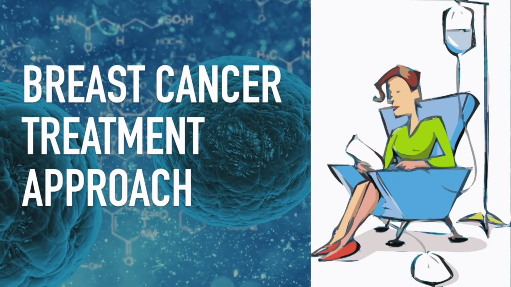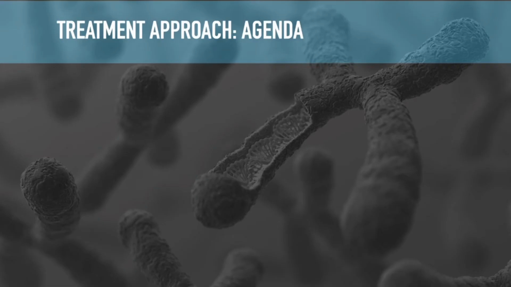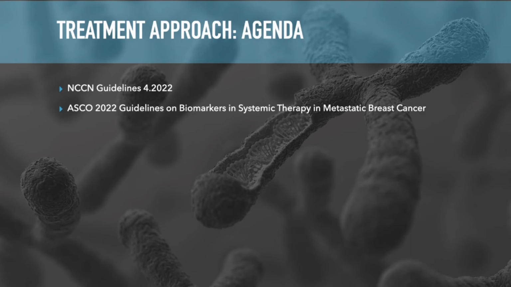Let's switch gears now and talk about the treatment a little bit. So here's the agenda. We'll say a few words about the most recent NCCN guidelines. NCCN is the National Comprehensive Cancer Network. And we'll talk about the ASCO guidelines on biomarker systemic therapy in the metastatic breast cancer setting.